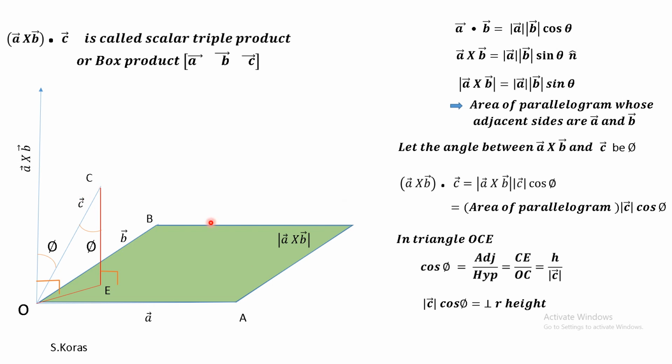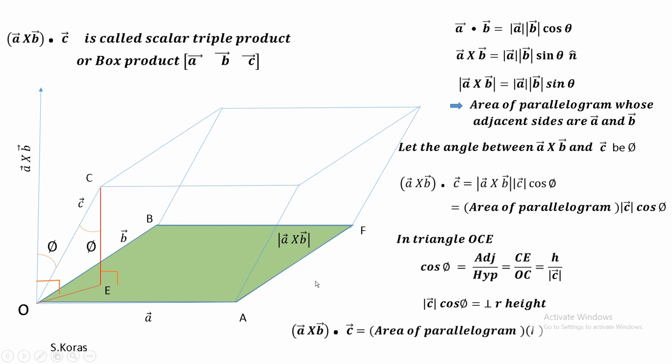So let us complete all these things and see what structure we receive. Yes, we are getting a structure like this. For this structure we are getting the volume. So now it is clear, A vector cross B vector dot C vector is nothing but the volume of this structure.